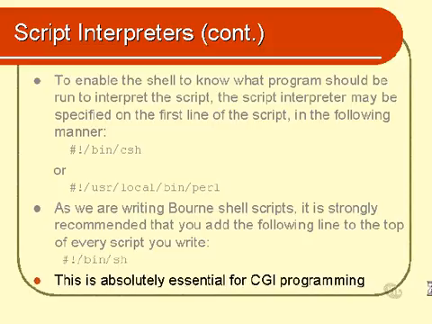And this technique is absolutely essential if you want to use Bourne shell scripts in your CGI web programs. There is no way that your shell script will run correctly if you do not put that line at the very beginning of your file in a CGI program.